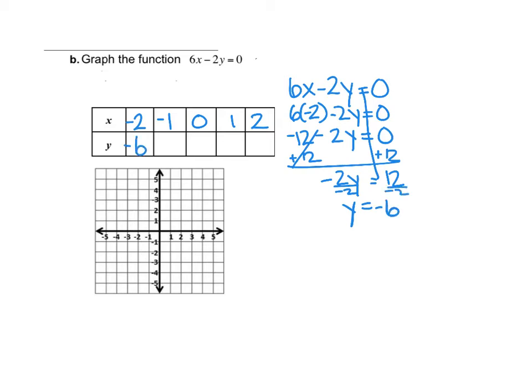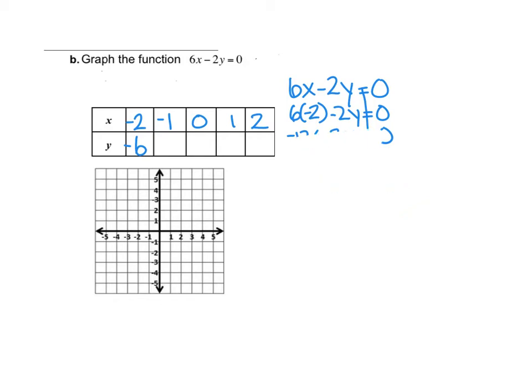Now, you're probably thinking that was a lot of work, which it was. There is an easier way. We can rearrange, but certainly you can solve them going like this.